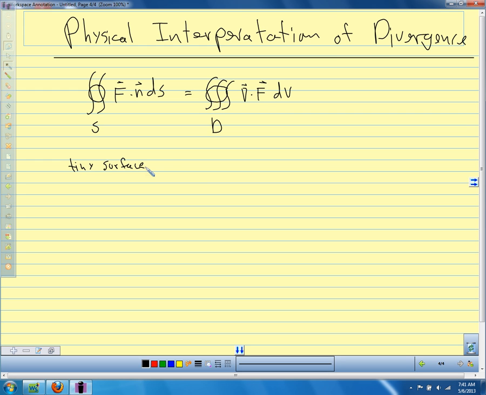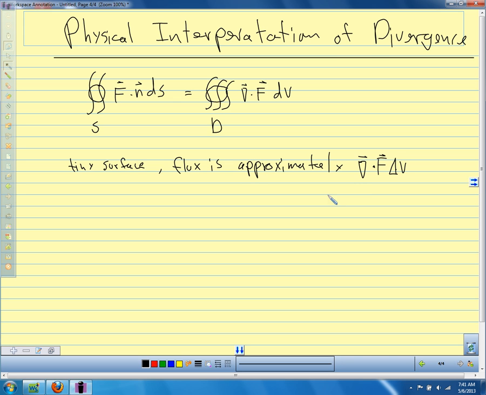The flux through the surface is approximately del dot F delta V. So we're talking about a tiny, tiny little piece of surface and a tiny little piece of volume. So delta V is the volume of our tiny little closed surface.